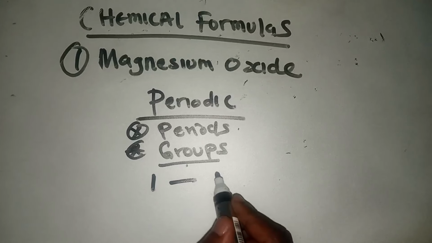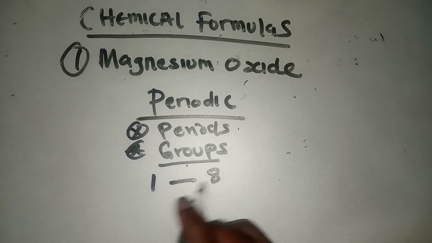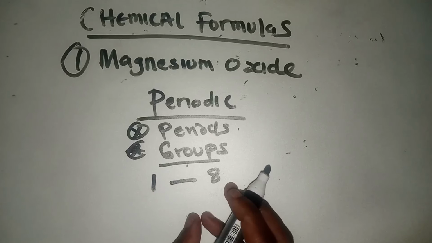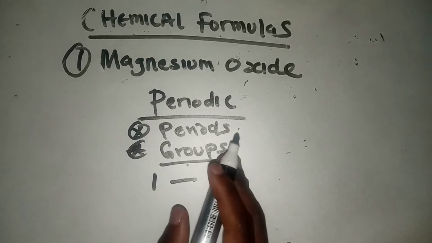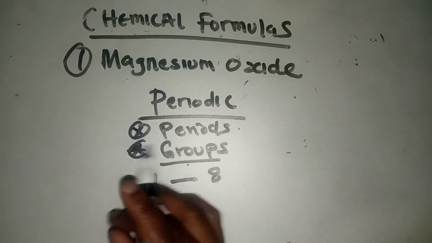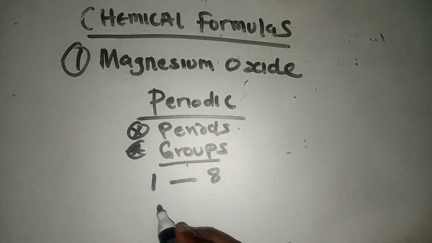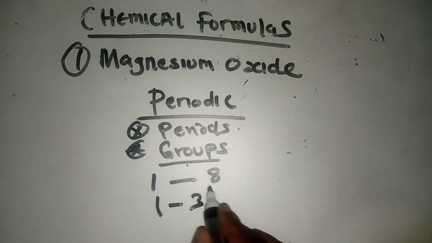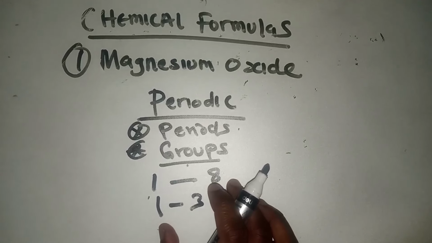These groups consist of different elements, which are non-metals and metals. Metals are found from group 1 to group 3.